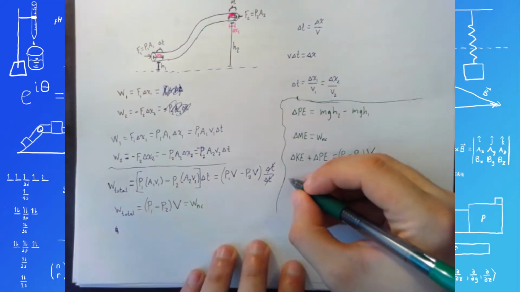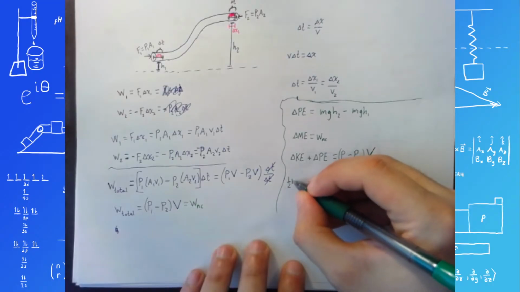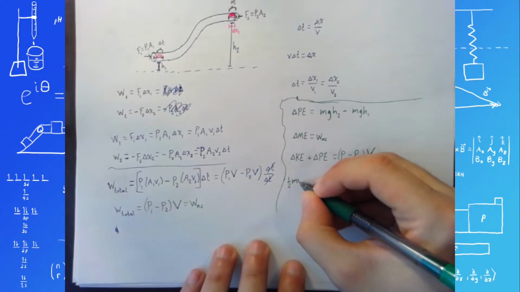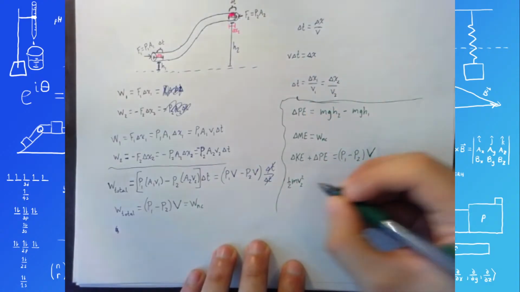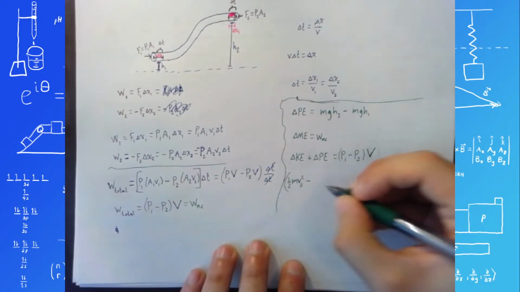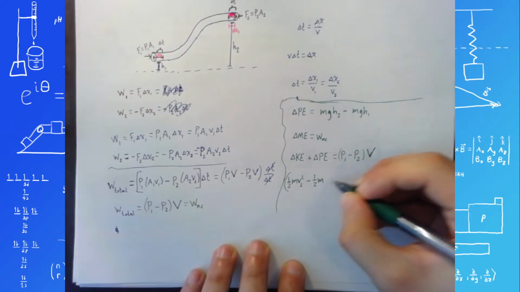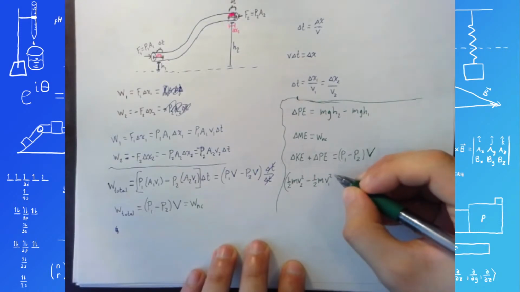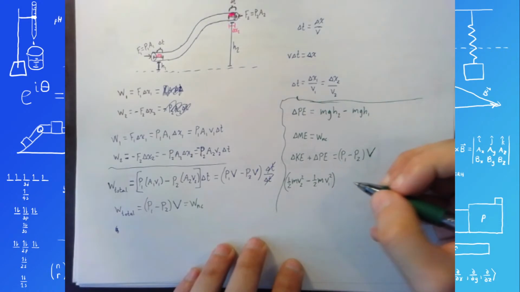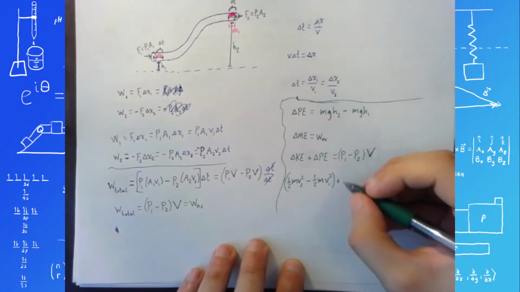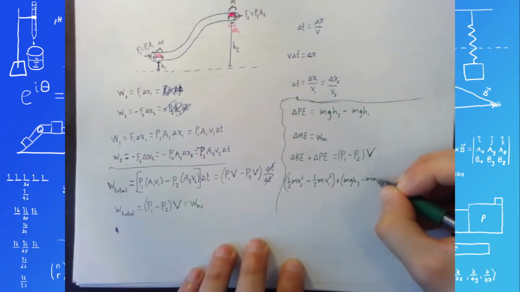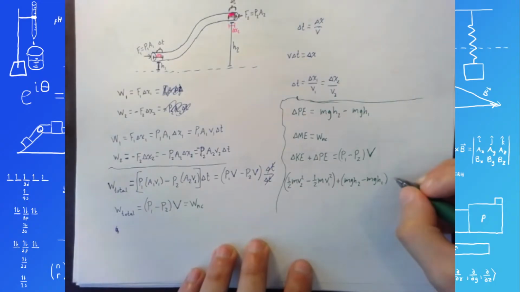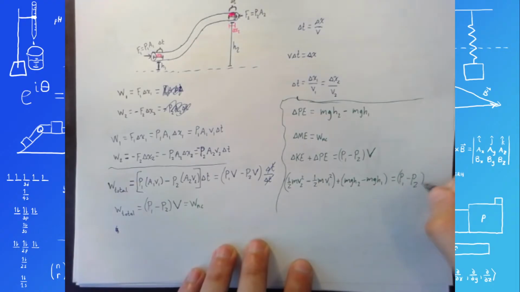So change in kinetic energy is just going to be 1/2 m times V final squared, or V2 squared as we called it earlier, minus 1/2 m V1 squared. And then the change in potential energy, we already defined as mgh2 minus mgh1, equals P1 minus P2 all times volume.